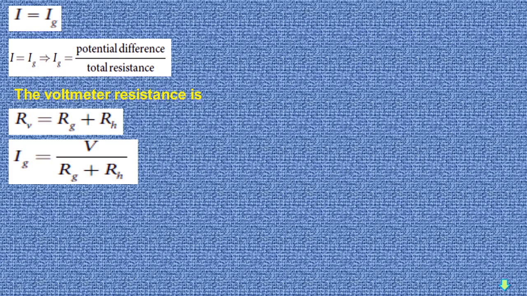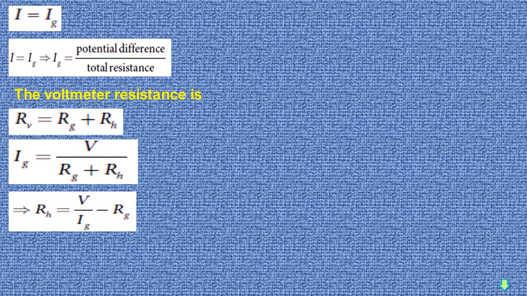Altogether, we have Ig is equal to V divided by Rg plus Rh, or if you take Rh to the left hand side, Rh is equal to V divided by Ig minus Rg.